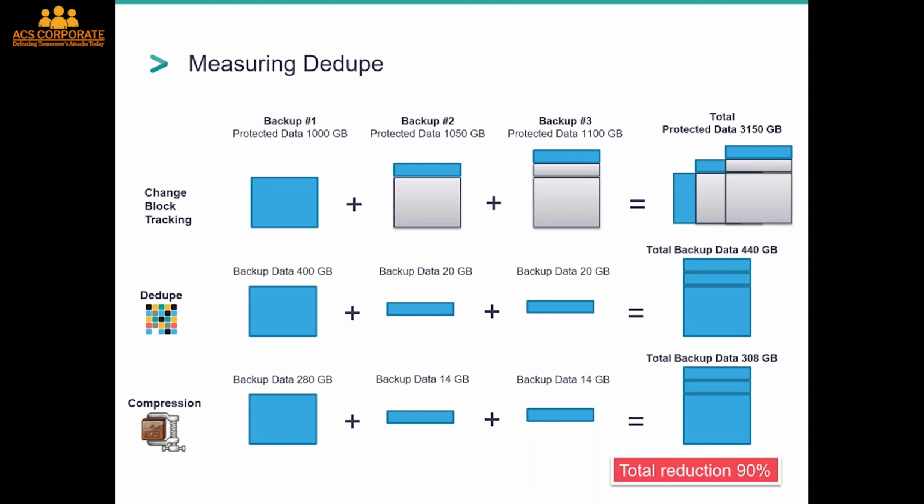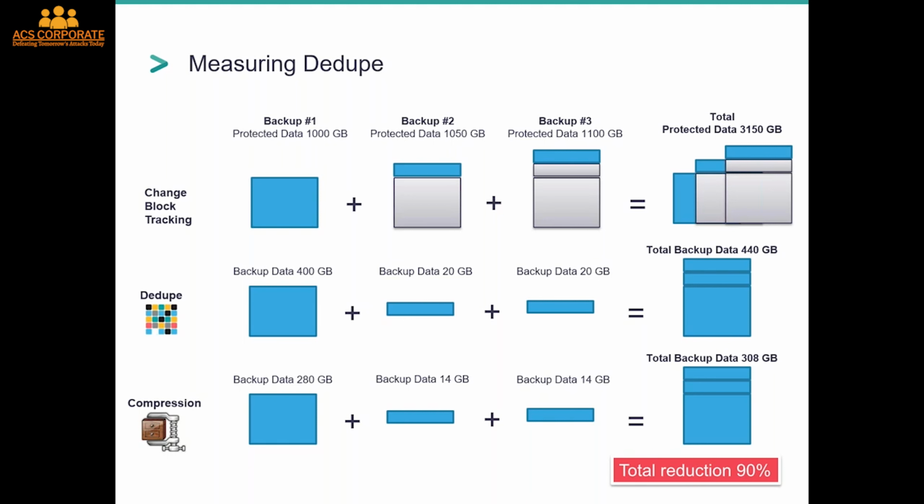Now, the first day you back it up, it will take a full snapshot because we need to get a baseline of the blocks. The second backup you do will basically be the changes that have happened since the first backup. In this case, it's 50 gigabytes. And the third backup that's been taken is 1,100 gigabytes, which is basically another 50 gigabytes on top.